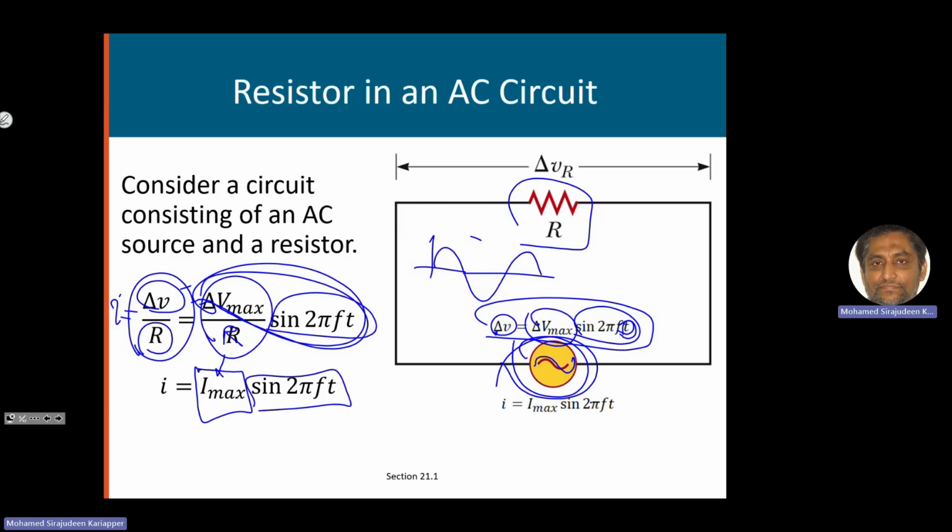What is happening here is that the potential difference and the current both have the same sinusoidal relationship. When the potential difference is 0, current will also be 0. When the potential difference is maximum, current will also be maximum.